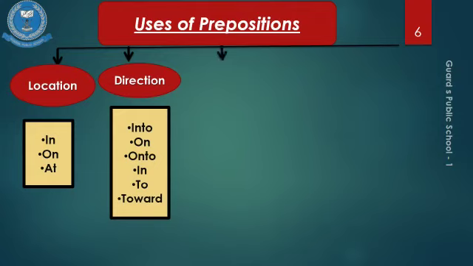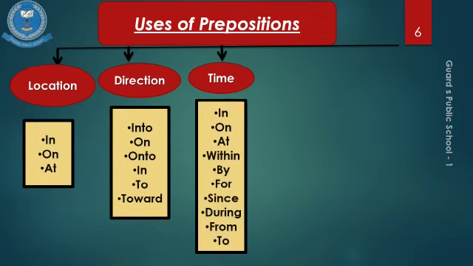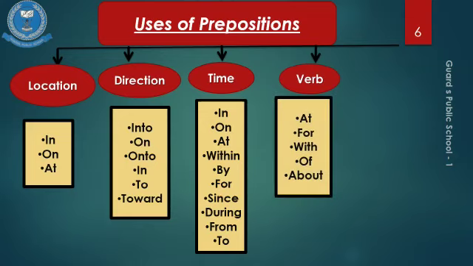Third is the preposition of time, which includes in, on, at, within, by, for, since, during, from, to. Then fourth is preposition of verb, which includes at, for, with, of, about.